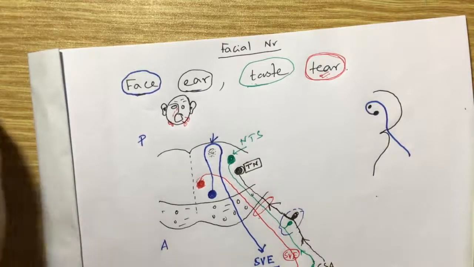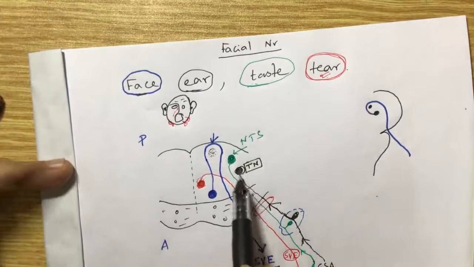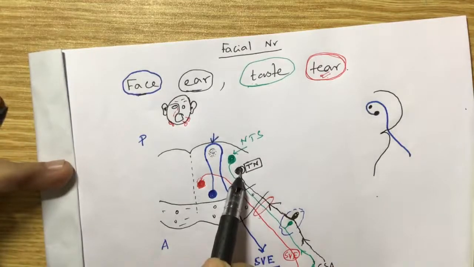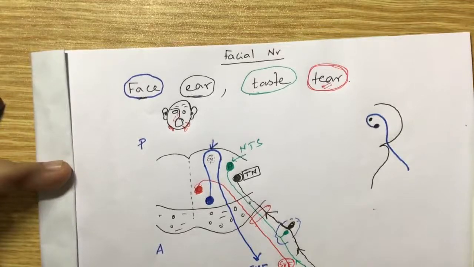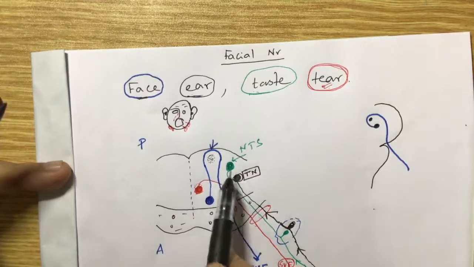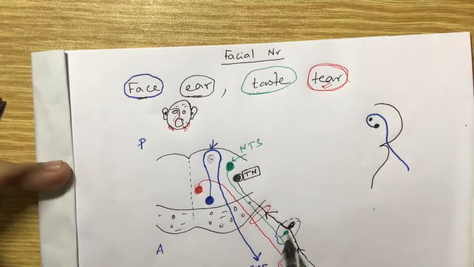Then it is carried centrally up to the spinal nucleus of the trigeminal nerve. So that is a general somatic afferent. Then taste, that taste is carried up to the nucleus tractus solitarius. Again the cell bodies are situated here in the geniculate ganglion.